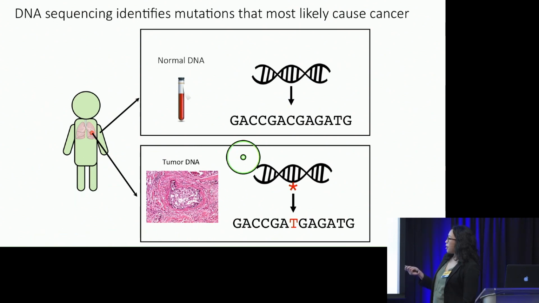And then they take the tumor DNA and sequence it, and compare that DNA to the normal DNA, say from a blood sample, and they can look for positions in the genome that are different in the tumor versus normal, and those are potentially mutations that are contributing to their cancer.